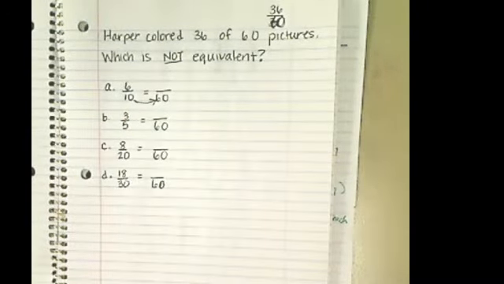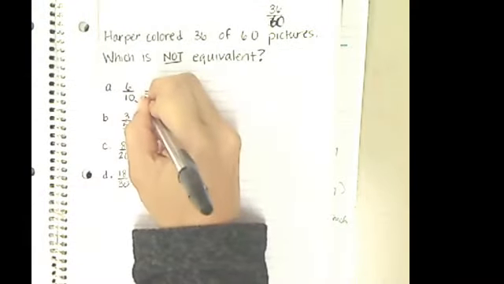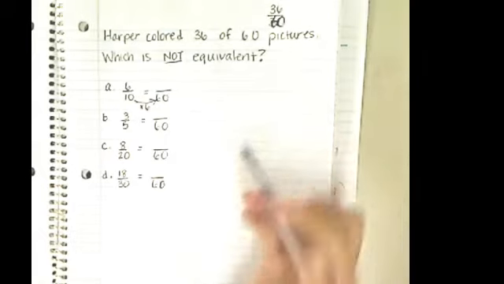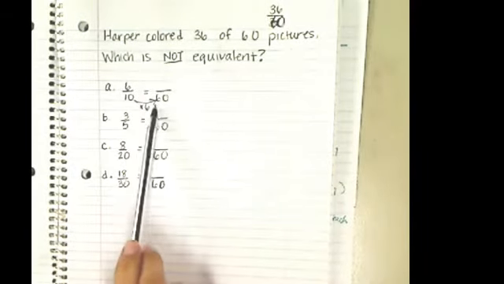What do I have to do to the 10 to make it a 60? I hope you said that you can multiply times 6. Okay, so 10 times 6 is 60.